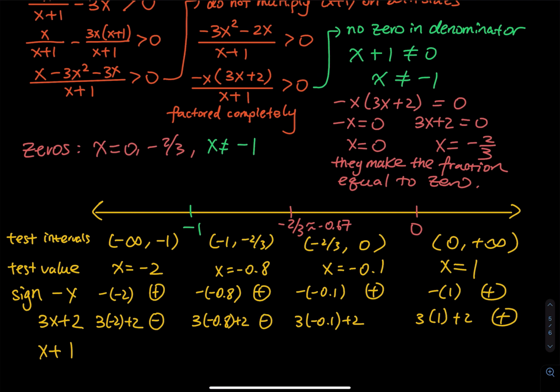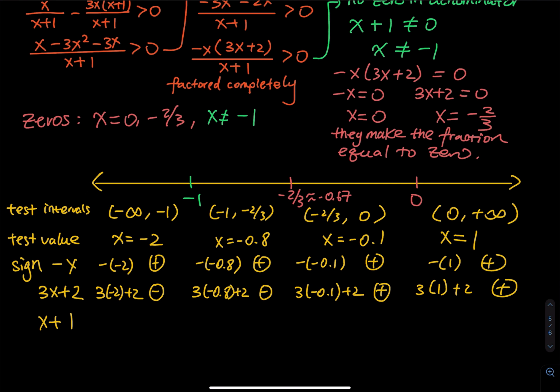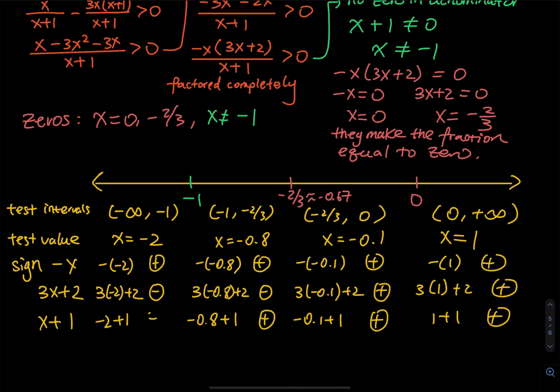And then negative 0.3 plus 2, you have a positive. Almost done. And then the last one, you have negative 2 plus 1, negative 0.8 plus 1, negative 0.1 plus 1, and then 1 plus 1, definitely positive. This is definitely positive, but this is negative.